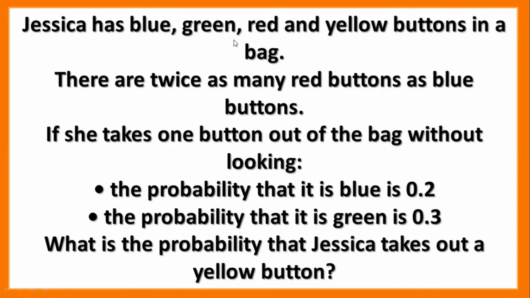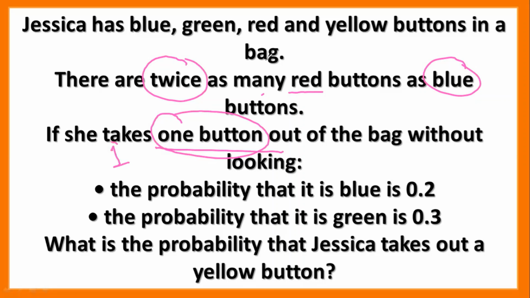Now the question is clear that the total colors are blue, green, red, and yellow. And red buttons are twice that of blue. If she takes one button, it means that total probability is 1 because she only has to take one button. So total probability of 4 buttons is 1.